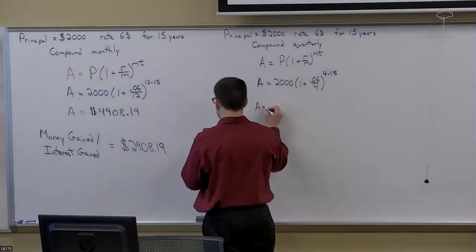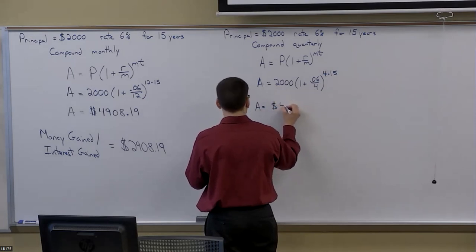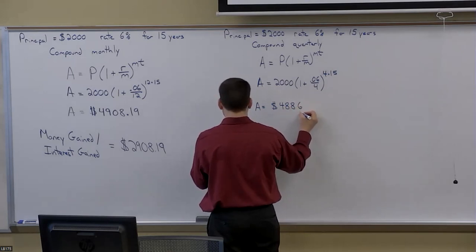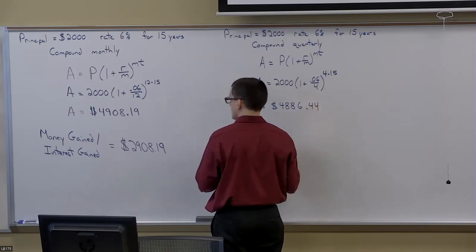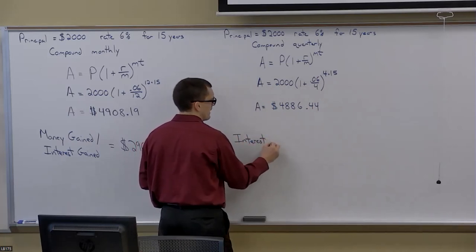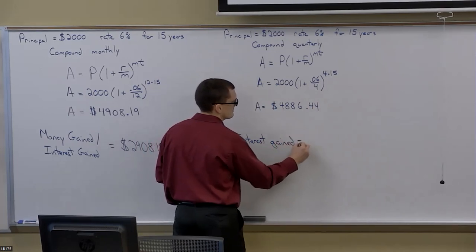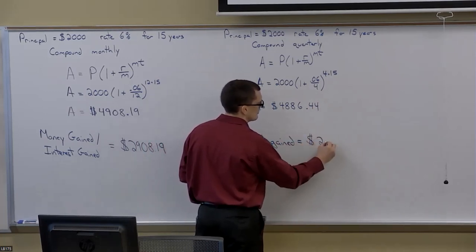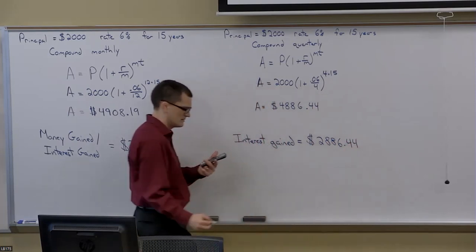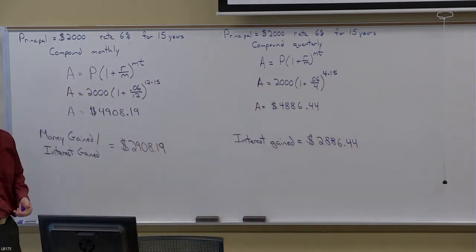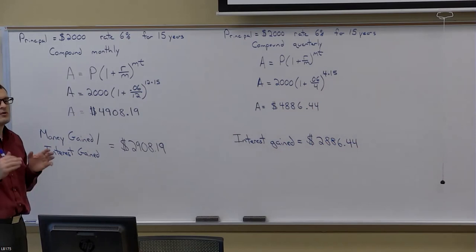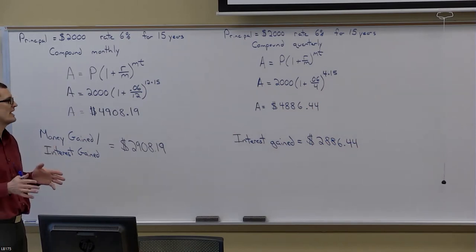The amount you have is 4886.44. And so the interest gained in this case would have been 2886.44. Is that right? So which scenario gained more interest?